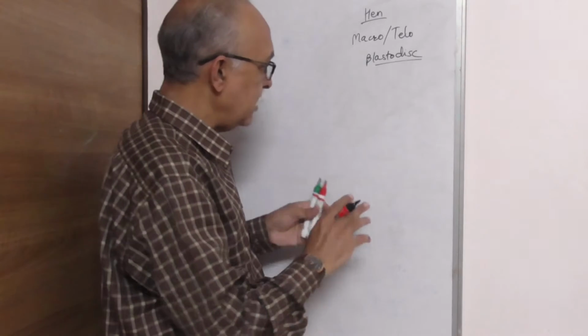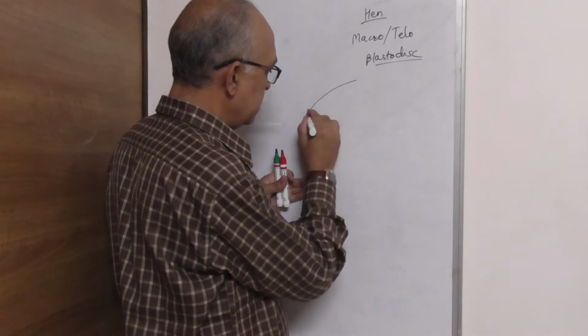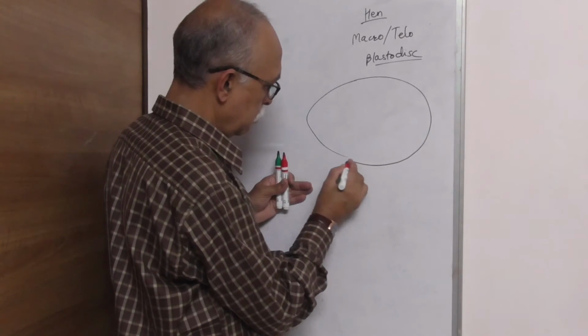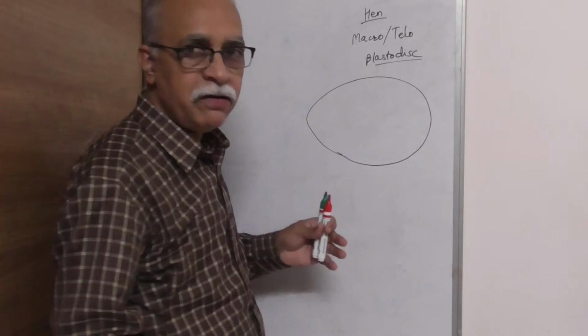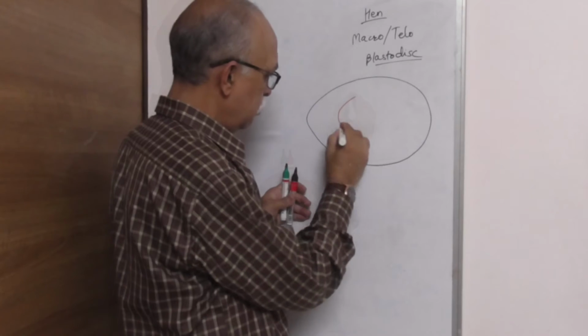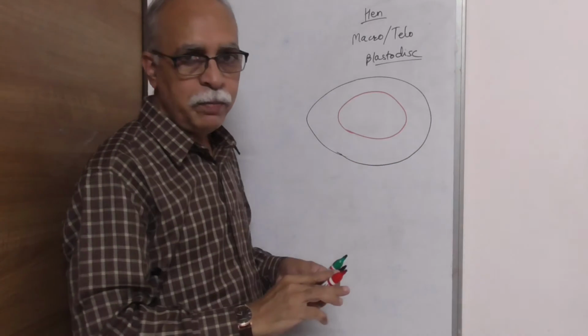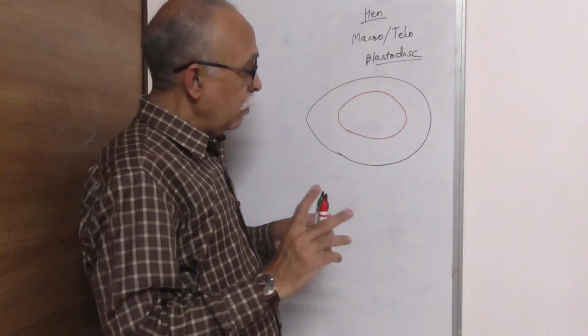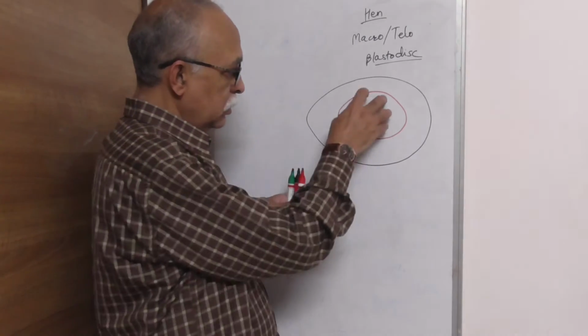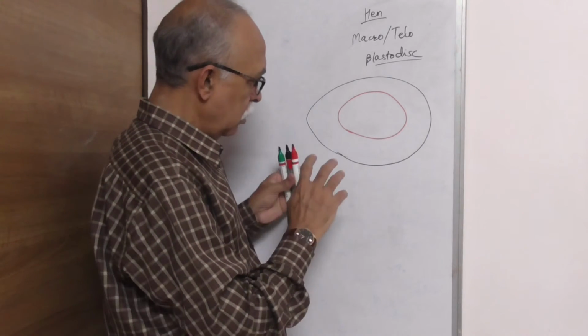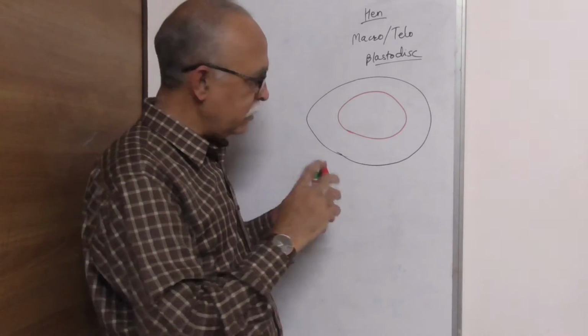Okay, let's understand the structural details. Suppose that this is the entire egg cell. This area would be distinguishable. Now what you see here, this is supposed to mainly contain the yolk and the embryonic cells, as the animal pole as well.